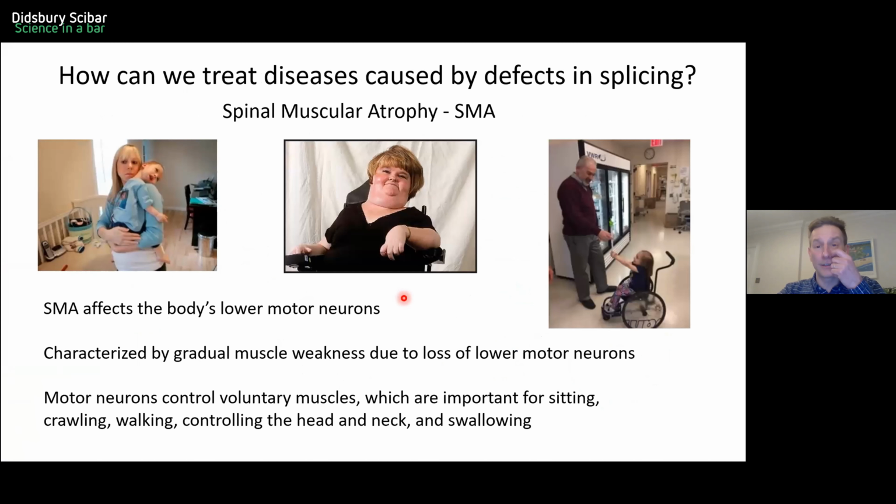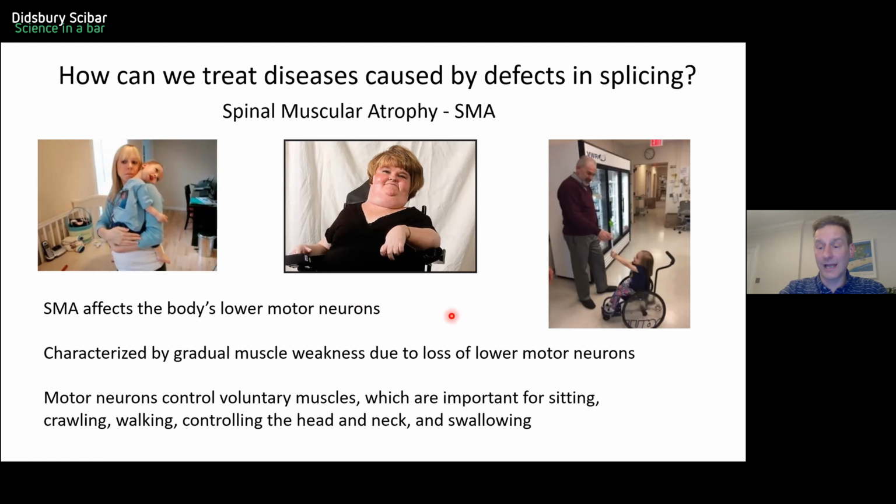But there are some really good examples of how we can treat diseases caused by defects in splicing. I'll go through this example quickly because I know time's come on a bit. With spinal muscular atrophy, there's some really good therapy.